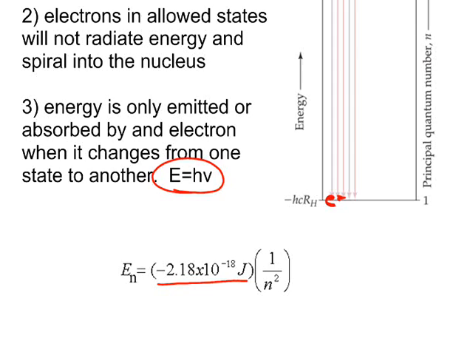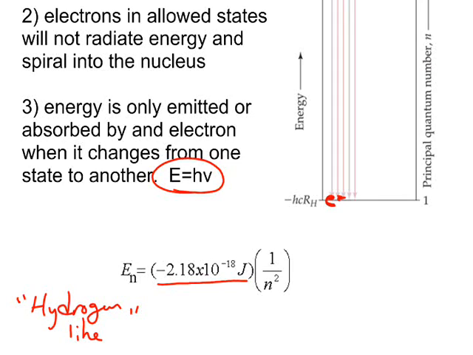The one thing we can do, however, is if we use, say, a helium atom, and we take an electron away from helium, so the helium would have 2 protons and 1 electron, that would be a hydrogen-like species, because it would only have 1 electron.